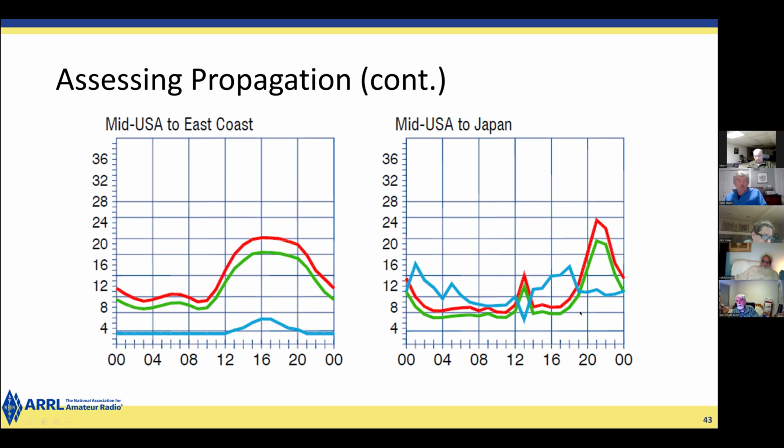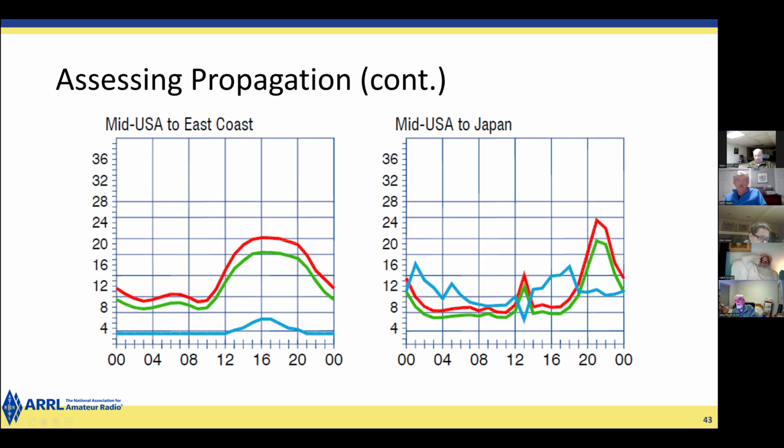But then as you get towards sunset, you'll see that the path opens, and you might be able to get through on 40 meters, which is actually below the blue line, but certainly on 30 and 20 meters. And this kind of thing is typical for longer paths.